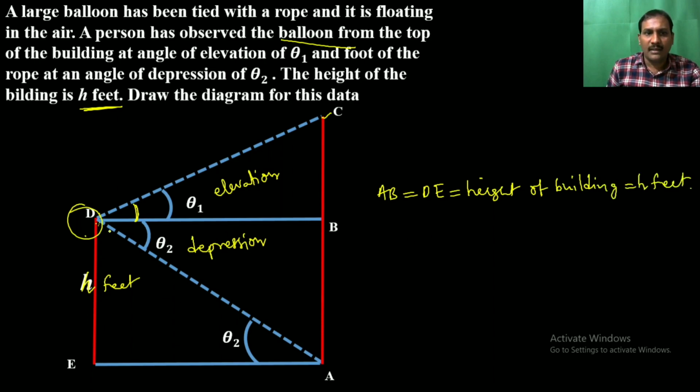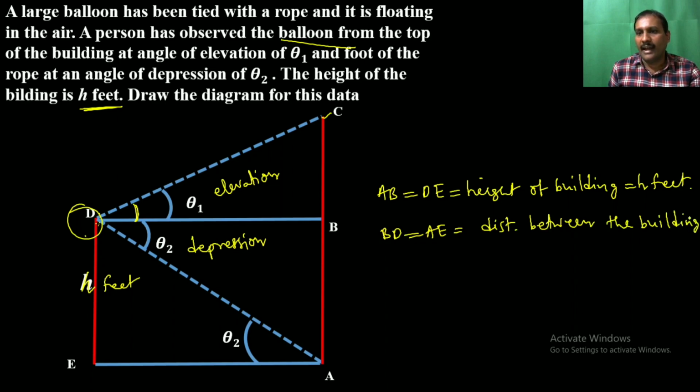Both are equal actually. Next, BD is equal to AE, which is the horizontal distance between the building and the balloon, or you can say the bottom of the thread or rope.